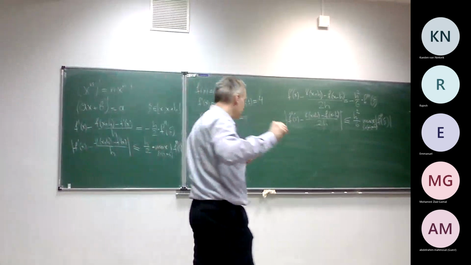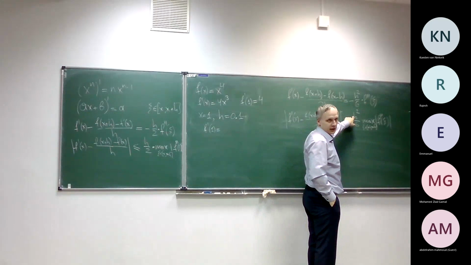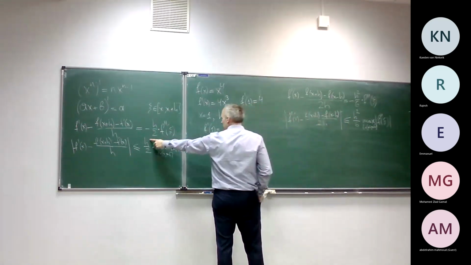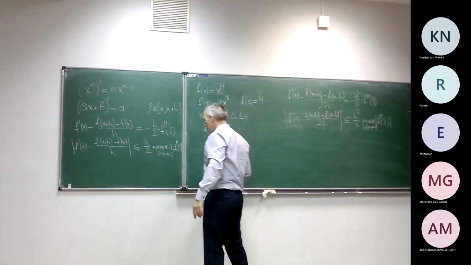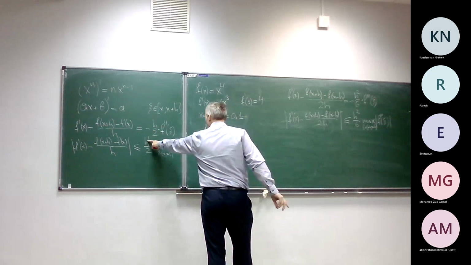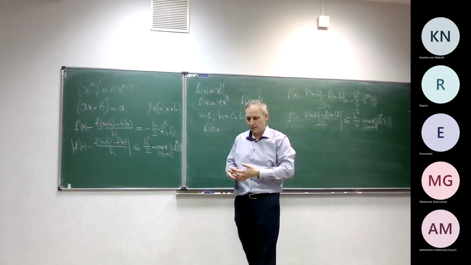But the main point is that we have h squared here. In the previous formula, we have h power 1, I write this one exactly. But here we have h power 2, h squared.